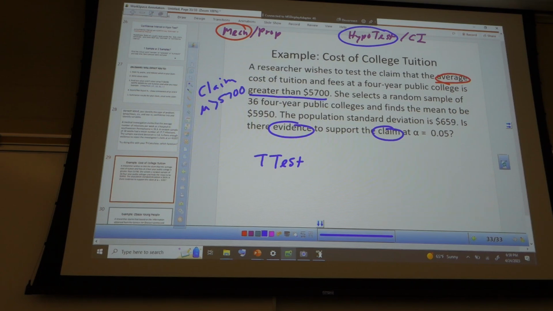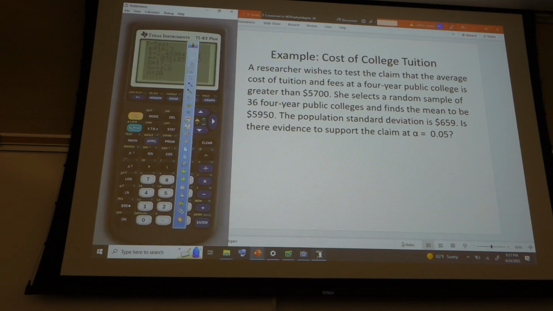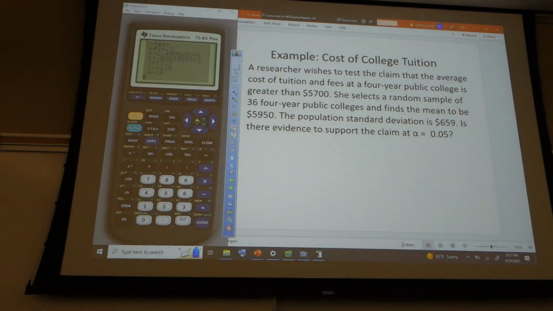Okay, everybody bust out your calculator, do it, find it. Let's take a look and see what we get. We did stat, test, t-test, statistics. Our mu naught was 5,700.